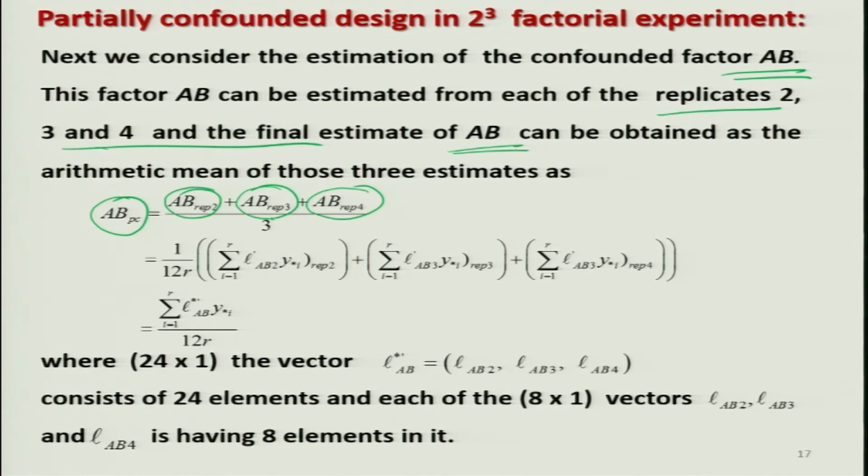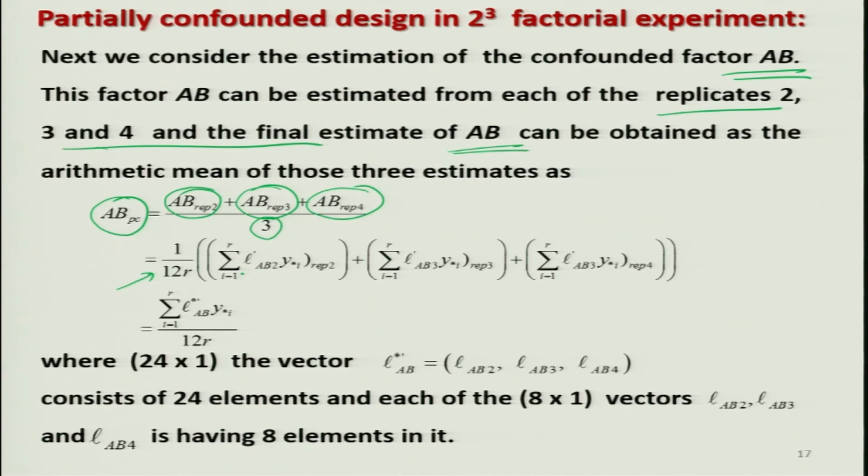So, this is the point where you have to be a little bit watchful about what you are going to do, and based on that the number in the denominator is going to change, right. So, you can see in this case this will become 12R because AB from replicates 2, 3, 4 are going to be based only on 4 observations, right.